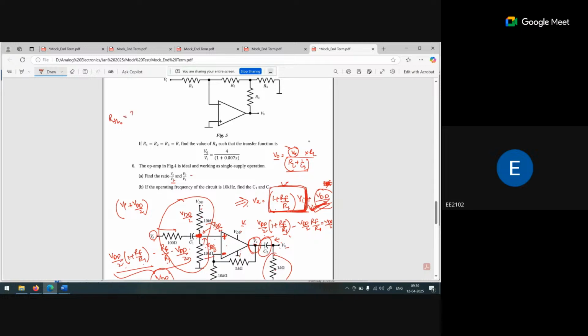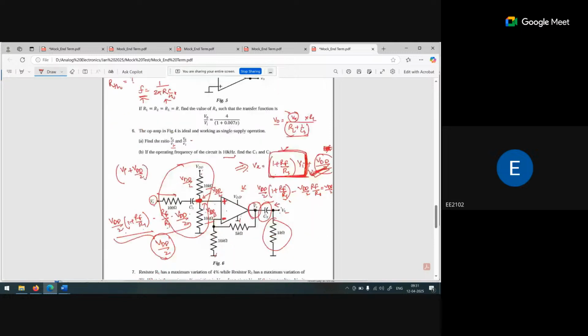Then the frequency formula F is equal to 1 upon 2 pi RC. This R is the RTH. F is already known, 10 kilohertz. So you put the value of F and the value of RTH, and you can calculate the C. That C is the C1.